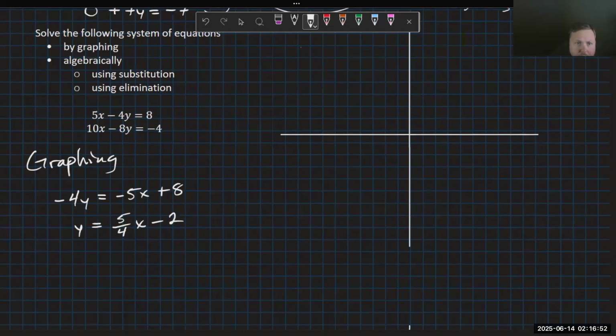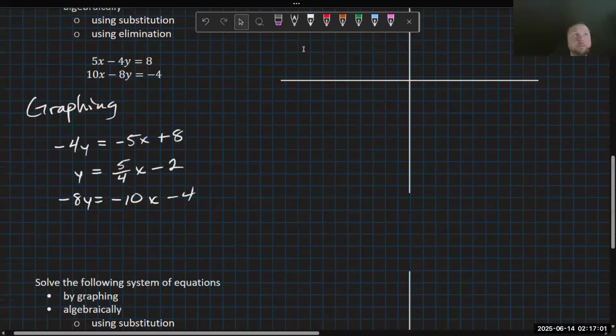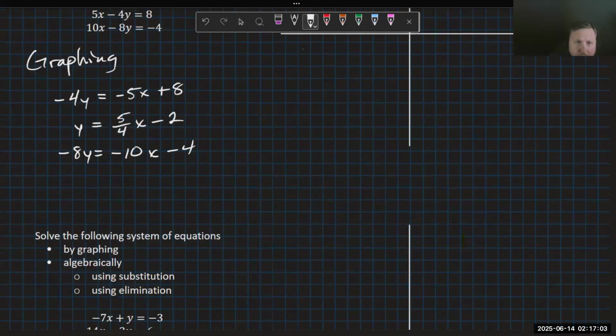Okay, and then negative 8y is equal to negative 10x minus 4. So I have y is, let's see, that's going to be positive 5 halves.